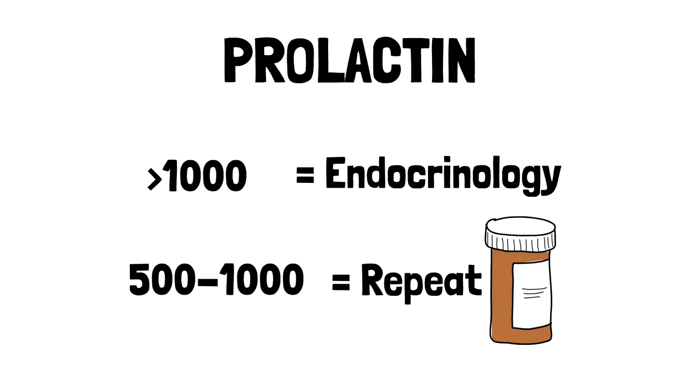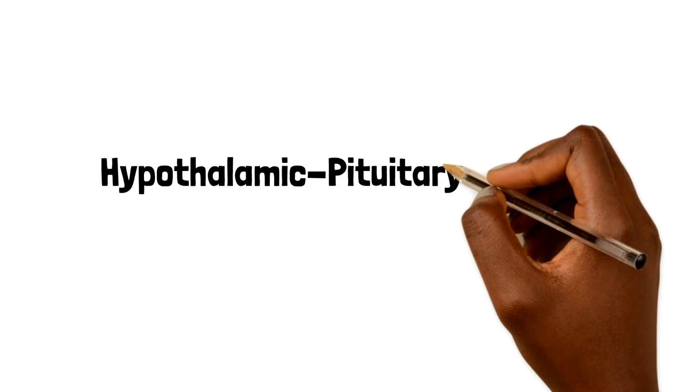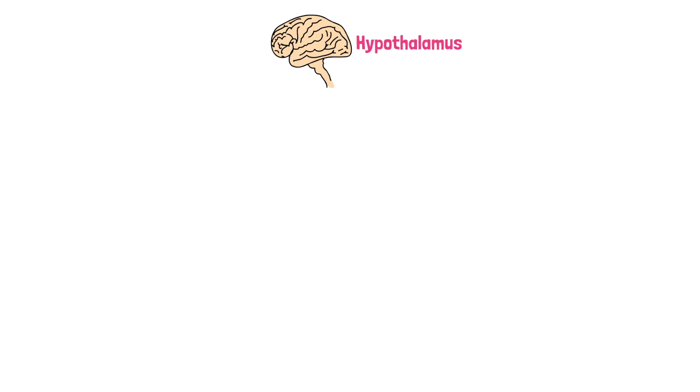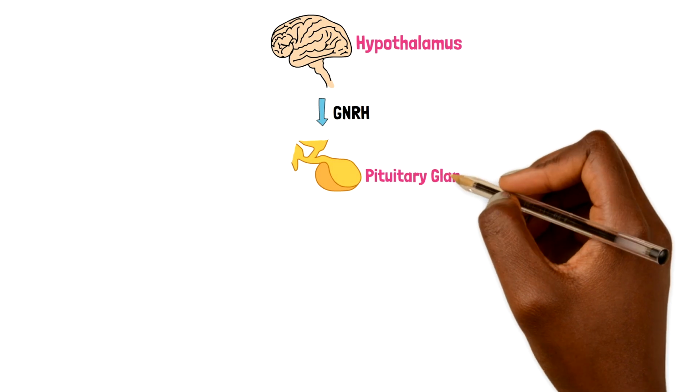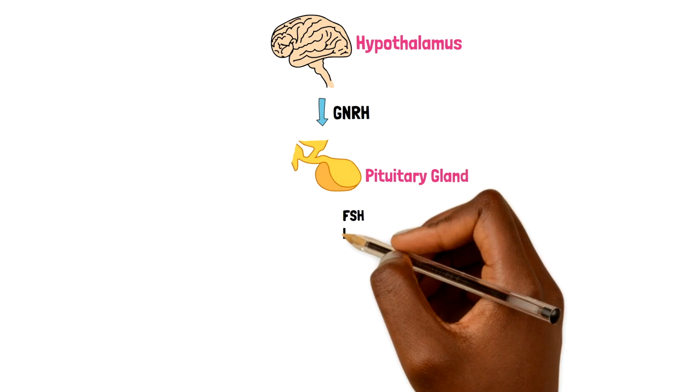Now, before moving on and looking at some of our hormonal tests that can be arranged, I think it's important to understand the hypothalamic pituitary ovarian axis. This is a complex system in the female body that regulates the menstrual cycle and fertility. The hypothalamus releases gonadotropin releasing hormone, which stimulates the pituitary gland to produce FSH and LH.